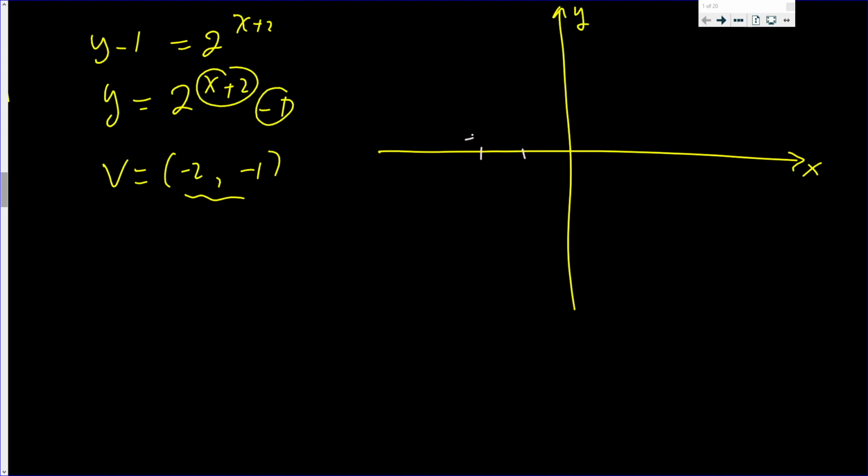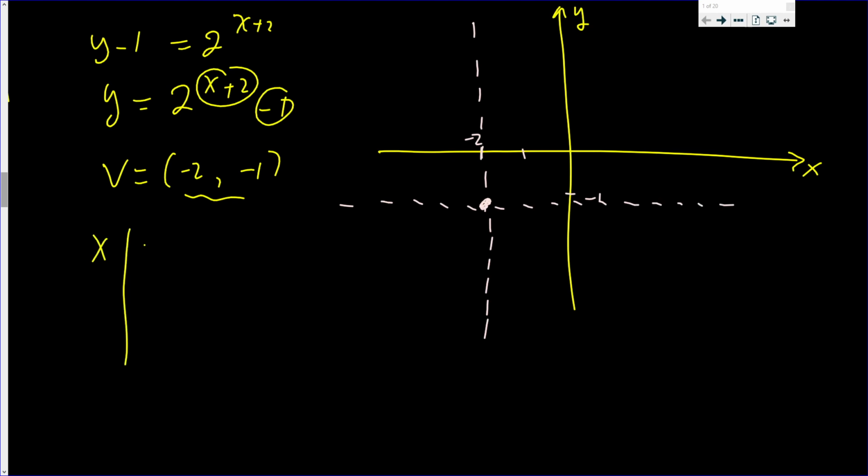I go right there and I pretend for the rest of the problem that my axis is really these two lines. Then I make my table x and y.